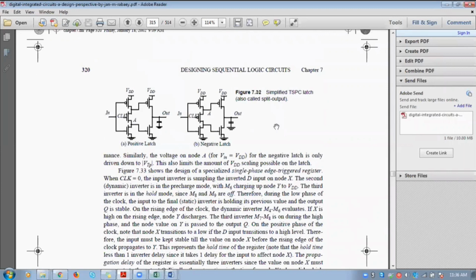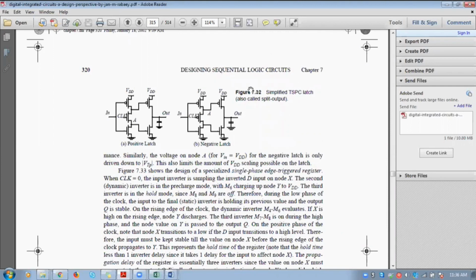So this is a positive latch, this is a negative latch. See here, in this diagram they have mentioned it as a simplified TSPC latch, also called split output. Sometimes you may get in university a question like design the split output. So you can expect these types of questions. These are all indirect questions.